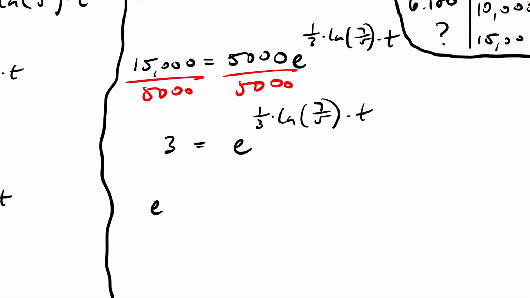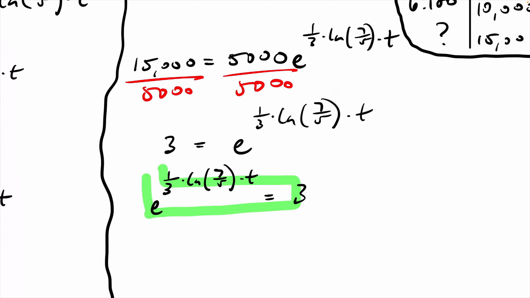So then you get e to the 1/3 times natural log of 7/5 times t equals 3. Bringing the power down.